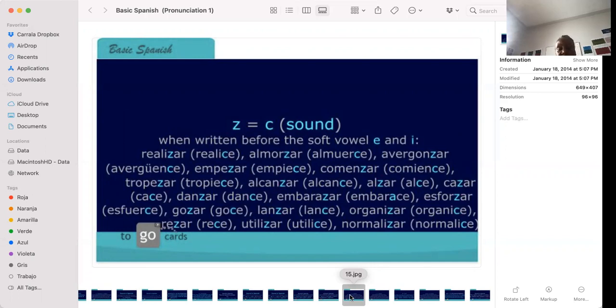So here we're talking about the soft C sound equaling the Z sound, either the S or the TH sound. So we're talking about verbs that end in ZAR.